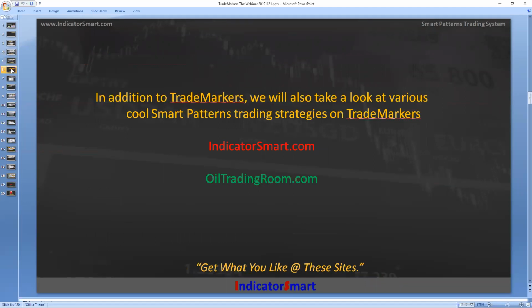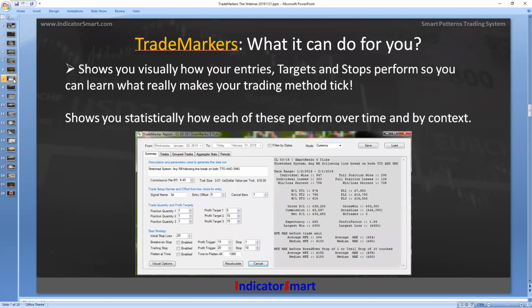All right. The tools that we're using today can be found at indicatorsmart.com. I'll give you some links and stuff later. The methods I'm going to use are methods that we use in our trading room. Trade markers shows you visually how your entries, targets, and stops perform, so you can learn what really makes your trading method tick.